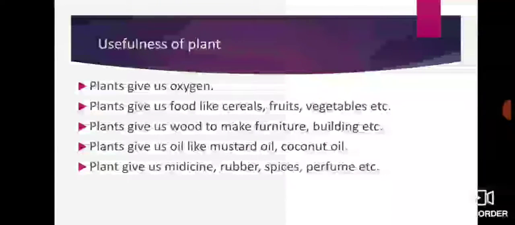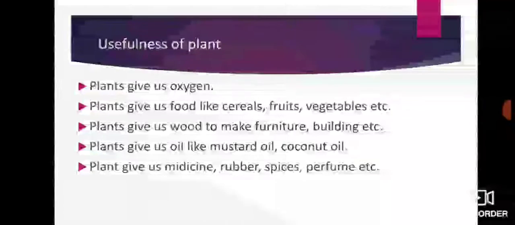Plants take carbon dioxide and give us oxygen when they make their food by photosynthesis. Second point is plants give us food like cereals. Cereals means anaj. Fruits, vegetables, pulses also. Pulses means dal.